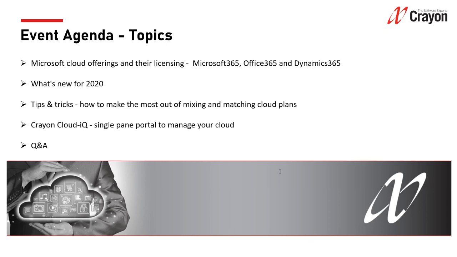We are going to close with CloudIQ, our self-provisioning and management cloud console. We are not going into many details because my purpose is to show you an overall picture of plans, components, features, and licensing.